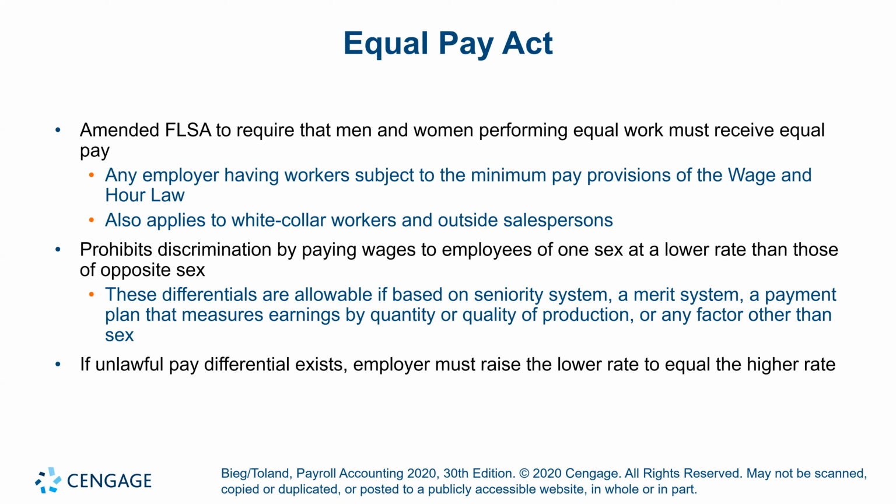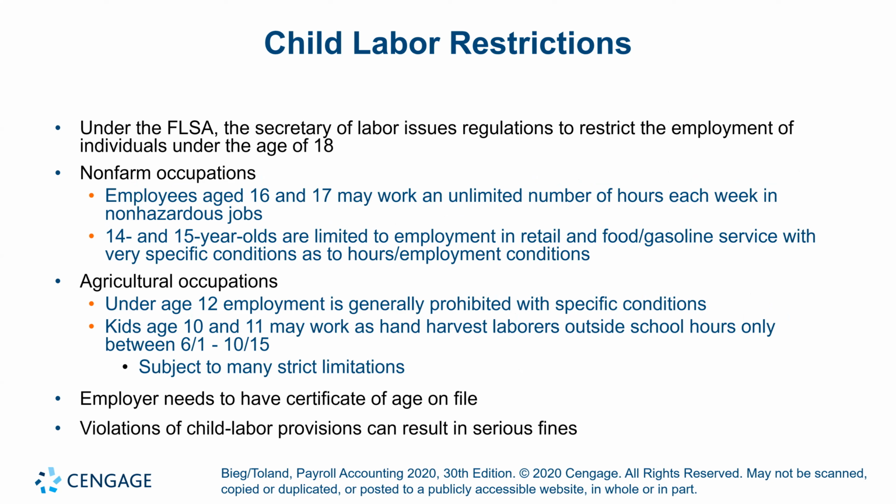So you can have a male and a female doing the same job, getting paid different rates per hour, but it has to be for some other reason besides one being a male and one being a female. And if an unlawful pay differential exists, the employer must raise the lower rate to equal the higher rate.